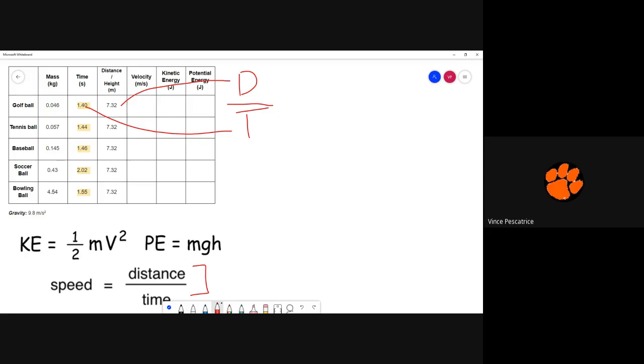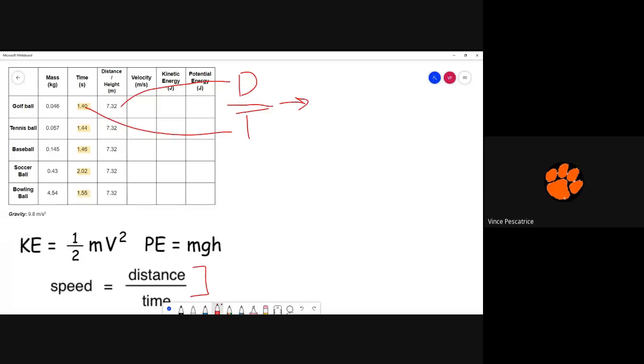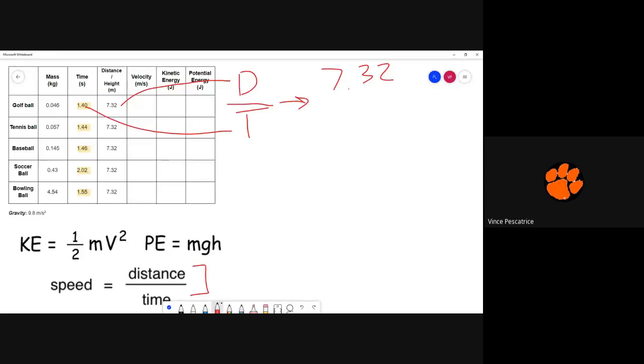All right, so if you plug those in correctly, it should be 7.32. Excuse the sloppiness of my handwriting, I'm trying to do this on a touch screen. Divided by the time, which is 1.40, and that's in seconds.